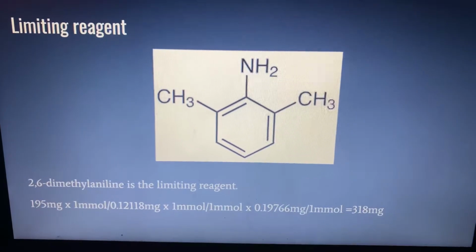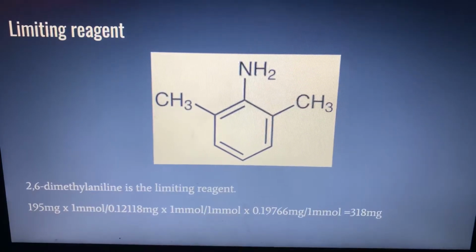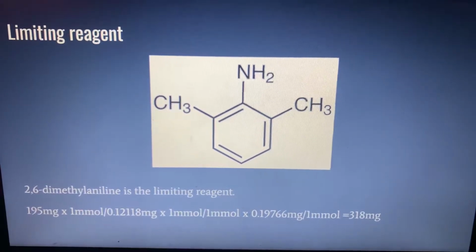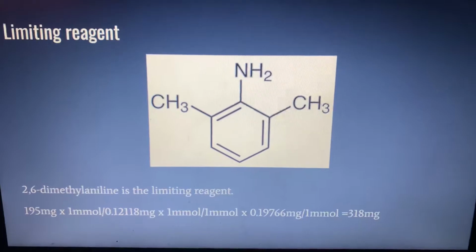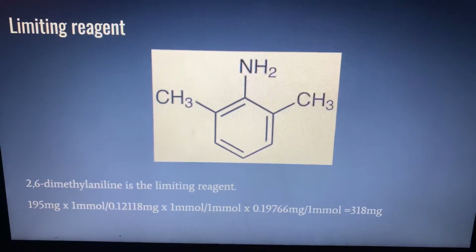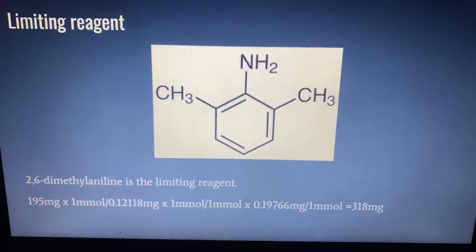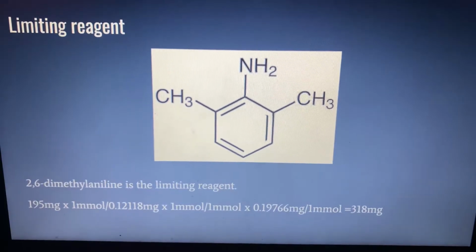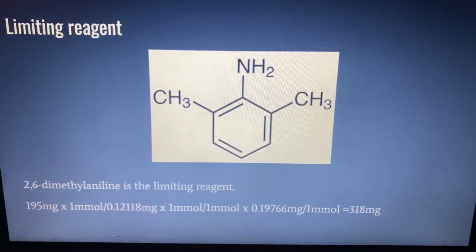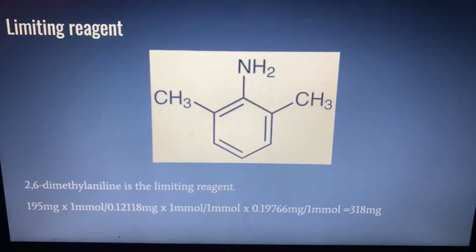The limiting reagent in this case is going to be the 2,6-dimethylaniline. We know this because it has the lowest yield, and we can calculate that by taking the mass of our dimethylaniline and multiplying it by 1 millimole over its molecular mass, which is 0.12118 milligrams.